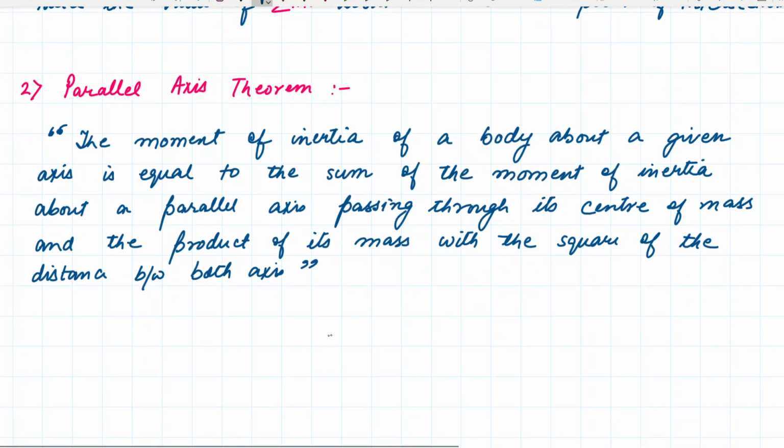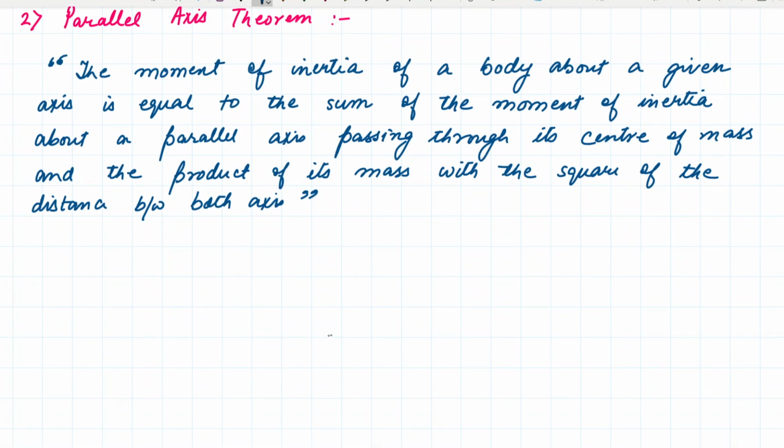So the moment of inertia of a body about a given axis is equal to the sum of the moment of inertia about a parallel axis passing through its center of mass and the product of its mass with the square of the distance between both the axes.